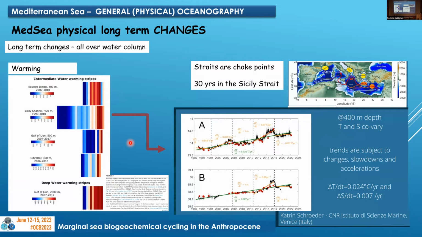I would like you to take a look at this 30-year time series in the Sicily Strait, led by Katrin Schroeder. This is a choke point because it connects the eastern and the western part. And you can see that increase in temperature and salinity driven by general warming, but also by sudden changes in the formation of intermediate waters in the eastern Mediterranean.